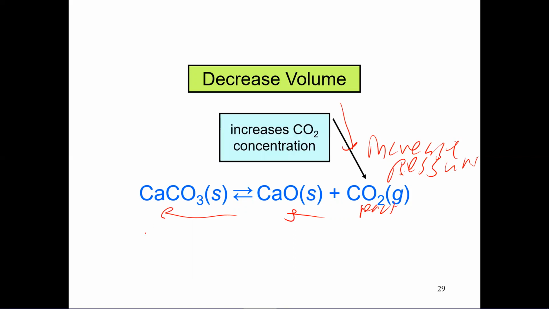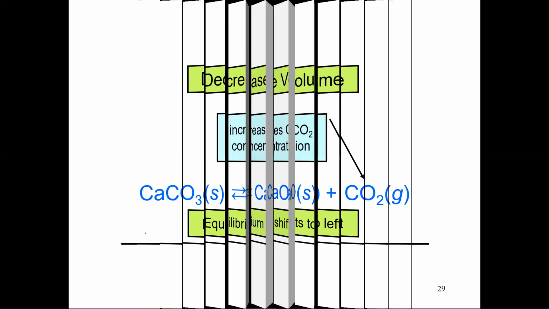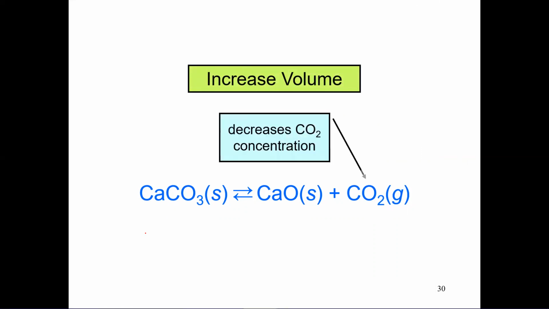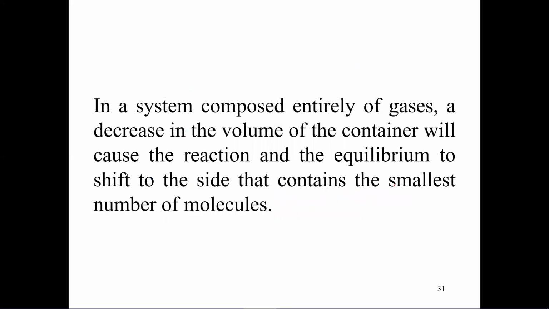It increases the concentration in a certain volume, then it'll shift to the left. If you increase the volume, like put a vacuum on it, or remove the CO2, the equilibrium will shift to the right.